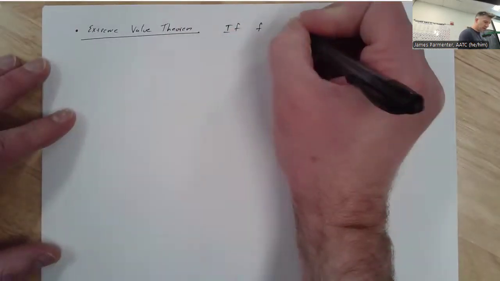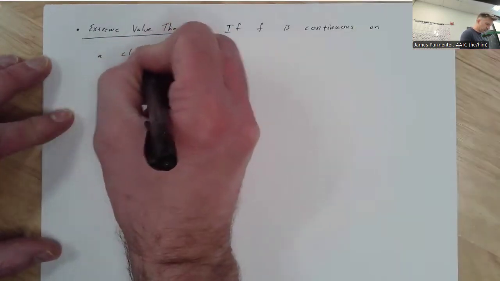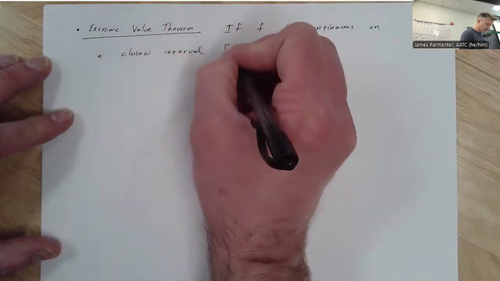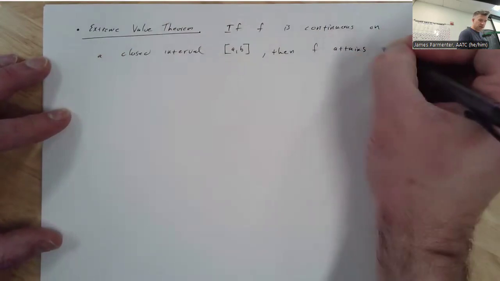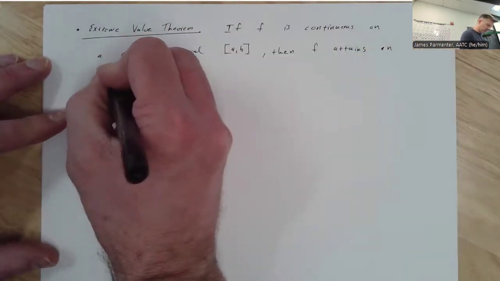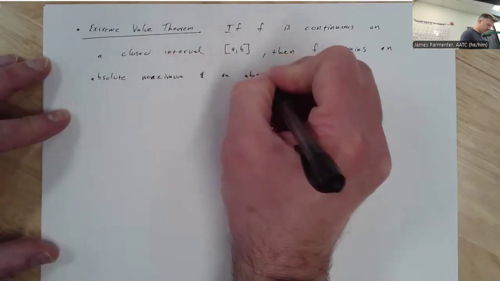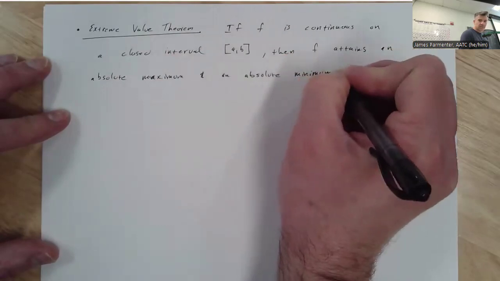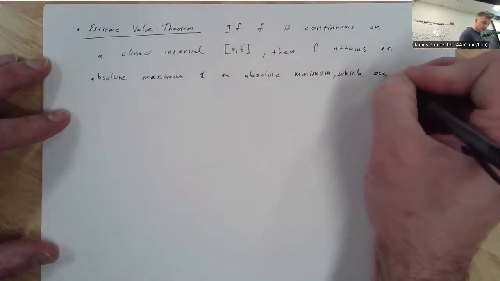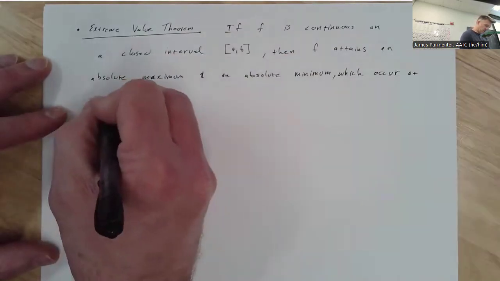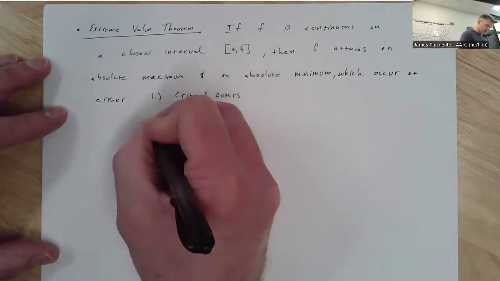If a function f is continuous on a closed interval [a, b], then f attains an absolute maximum and an absolute minimum, and which occur at either one, critical points, or two, endpoints.